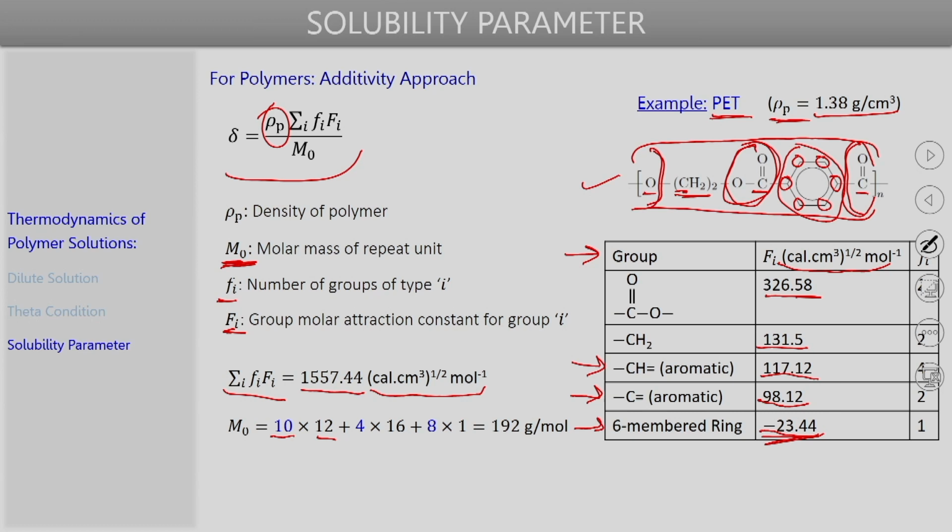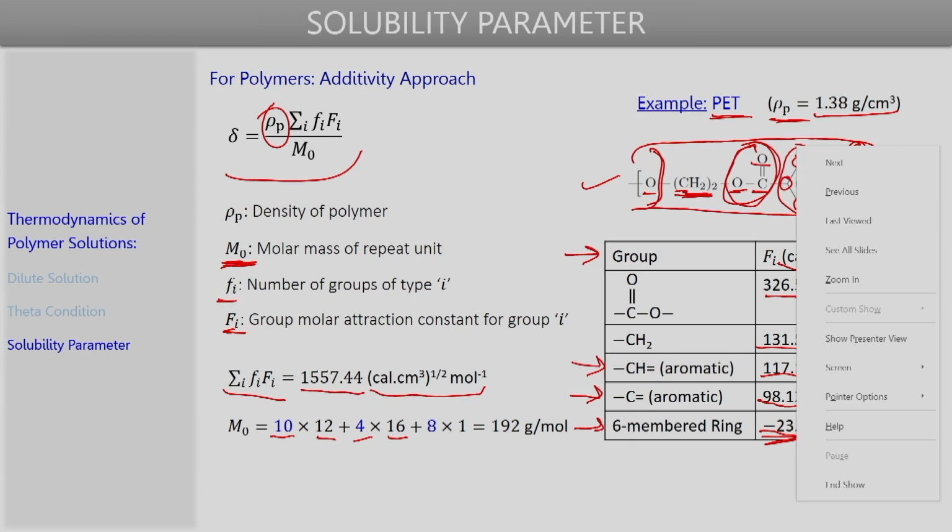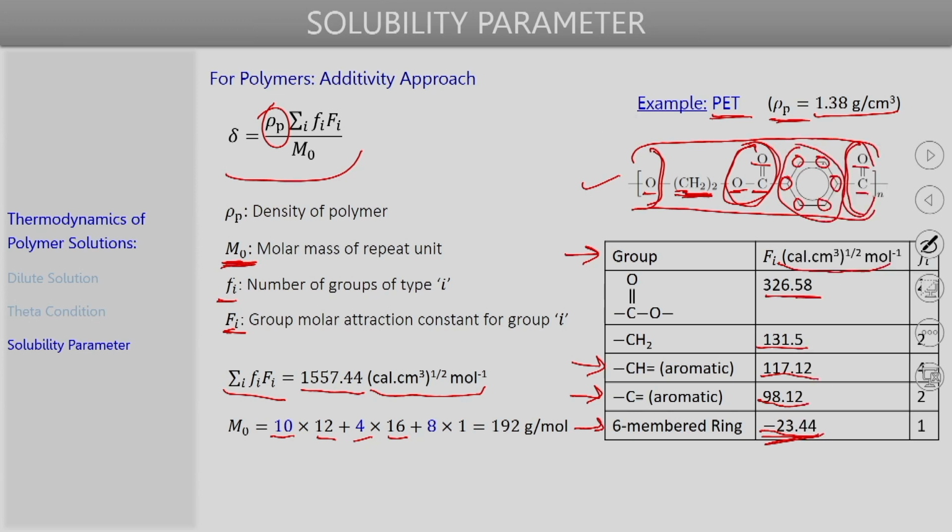We have 1 oxygen atom here, 1 here, 1 here, 1 here. So, 4 oxygen atoms are present, and if we consider the molar mass to be 16, that is 4 times 16, and we have 8 hydrogen atoms. 4 hydrogen atoms are present here and 4 more are present at the 4 positions in the 6 membered ring. So, 8 hydrogen atoms.